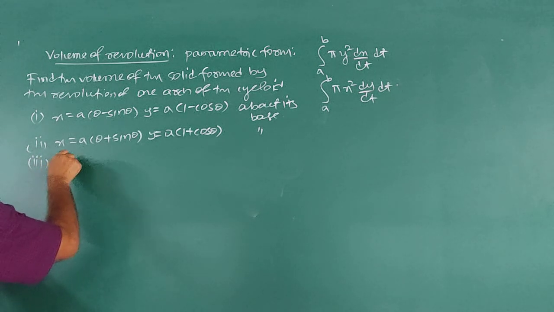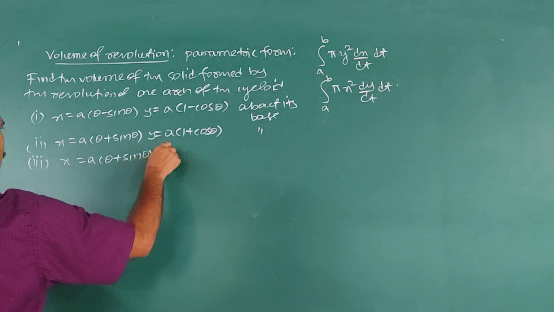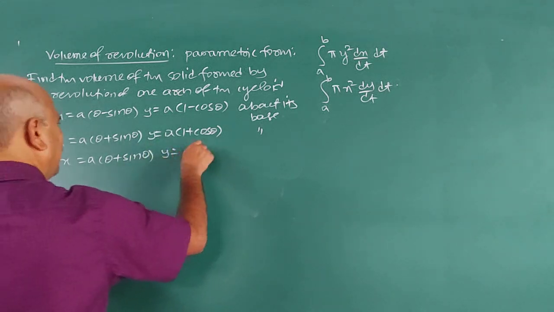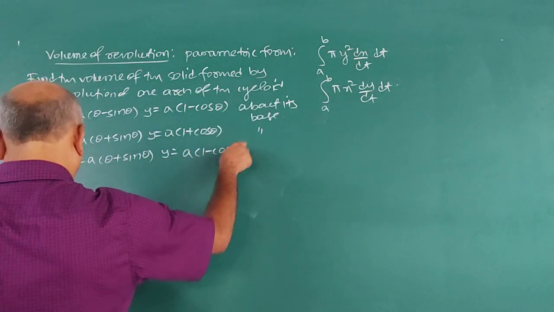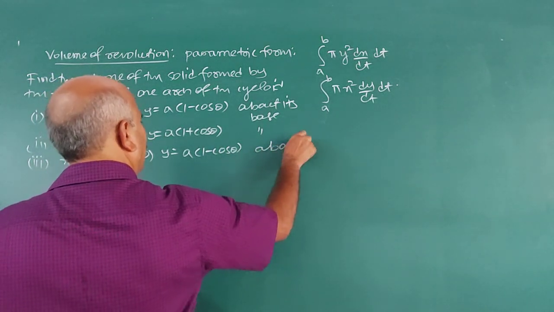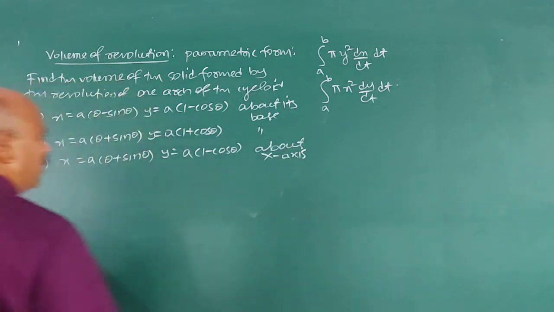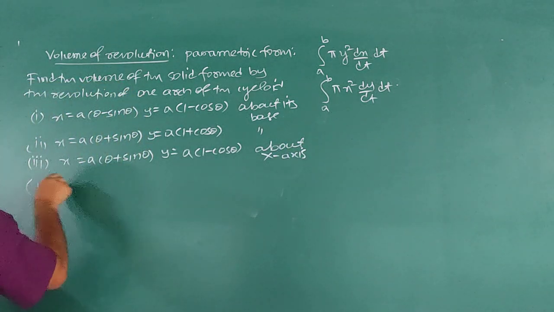Third one, x is equal to a into theta plus sin theta, y is equal to a into 1 minus cos theta, about x axis or tangent at the origin.